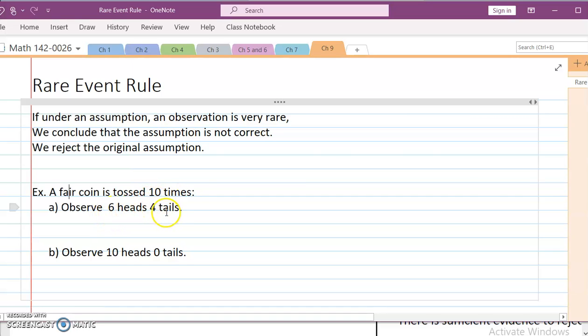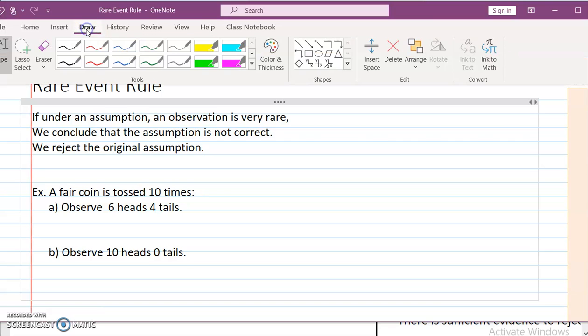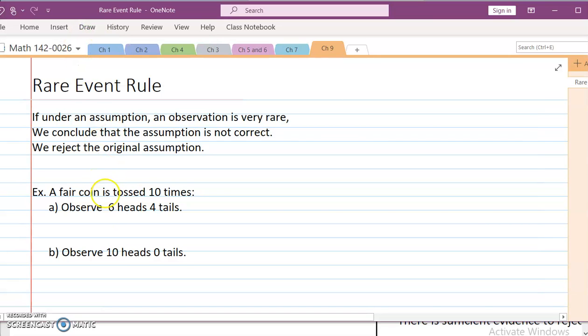And in earlier lectures, when we did the binomial distribution, we actually found out that even 7 heads and 3 tails are quite common, not a rare event. So if you see an observation that is not rare, your assumption of a fair coin is still established. You cannot do any rejection.